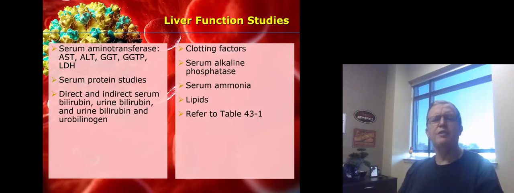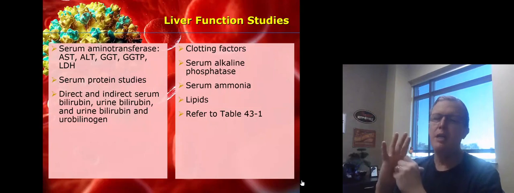Those are the serum aminotransferase tests: AST, ALT, GGT, GGTP, and LDH. Those tell you specifically about liver function. So when you see a liver profile, you're going to see these tests ordered. And conversely, when you see these tests ordered, that should be a tip-off that your provider is concerned about liver function on your patient.